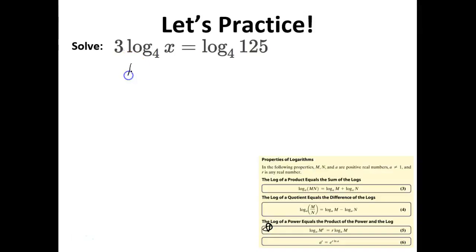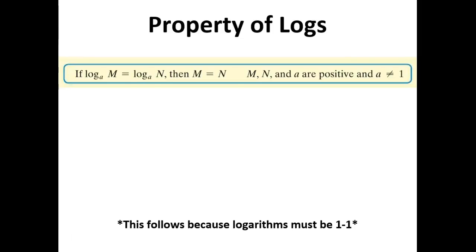So we have log base 4 of x to the third is going to equal log base 4 of 125. If that's the case, everything is the same, so this x to the third is going to have to equal 125 from this property right before.